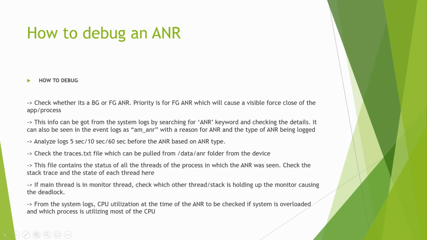From the system logs, CPU utilization at the time of the ANR is to be checked, to see if the system is overloaded and which process is utilizing most of the CPU. If the reason for the ANR is CPU utilization, then we have to check other logs to see which processes were held with the CPU.